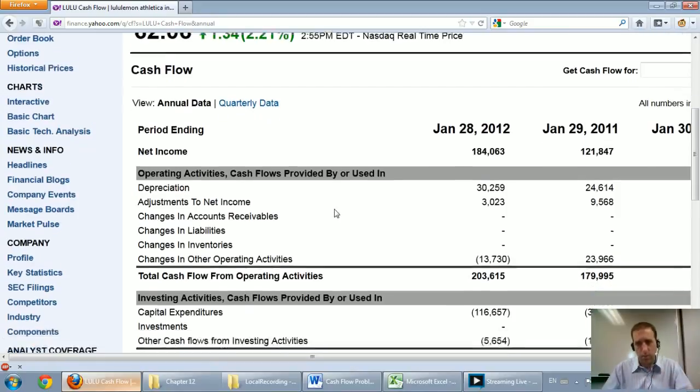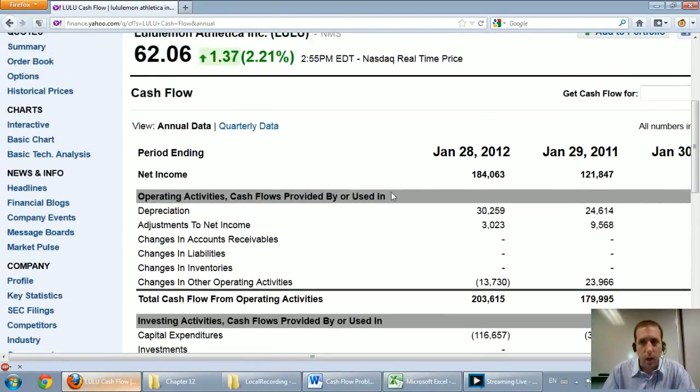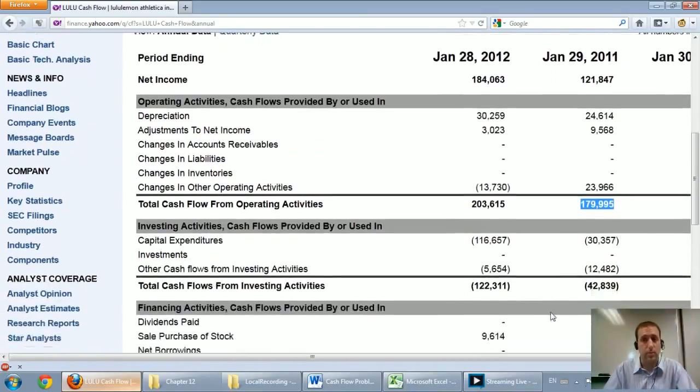The professionally prepared one is actually very similar to what we've learned how to prepare. So their net income was 184, and you can see they've added back their depreciation. They've worked backwards, and they've got this year cash flow from operations of $200 million, last year of about $180 million. So you can see their operating cash flow, one, is positive, and two, is growing. This is a sign of a growing, healthy company.